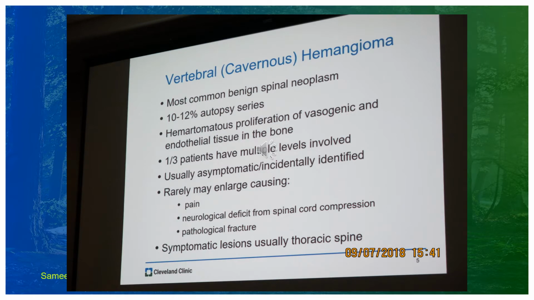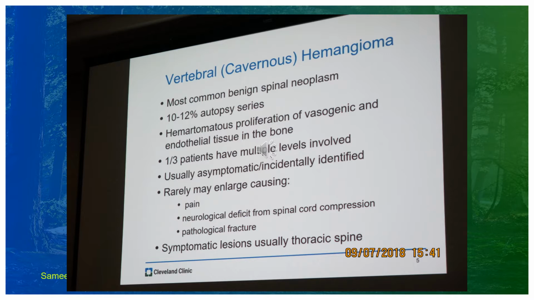Further discussion of vertebral hemangiomas, because they are the most common. In MRI they appear as increased signal intensity on T2 weighted images. They can involve the vertebral body, and they can be isolated, single or multi-level involvement. They occur in about 10 to 12% of autopsy series.